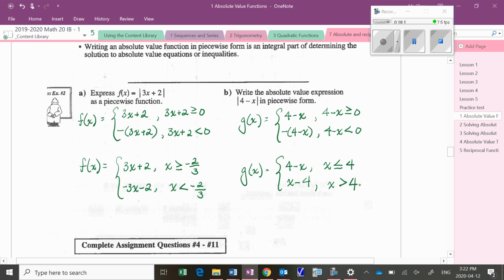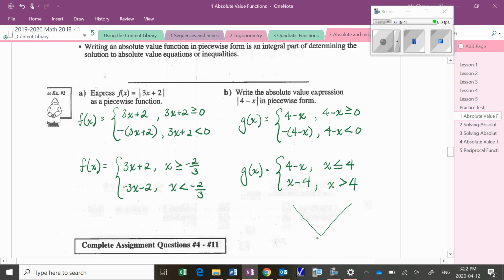So this one's tricky because a lot of times people always assume that for the positive version it's always when x is greater than or equal to. But one of the things that you can recognize as well is if you were to graph 4 minus x, that is what's going to be going up to the left because it's got a negative slope right here, and then on the other side we've got the positive slope.